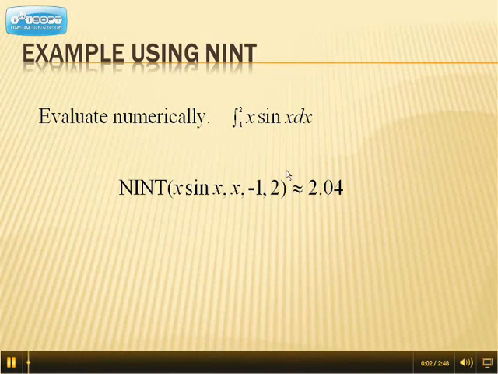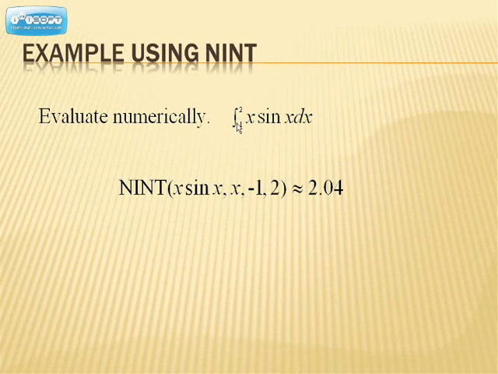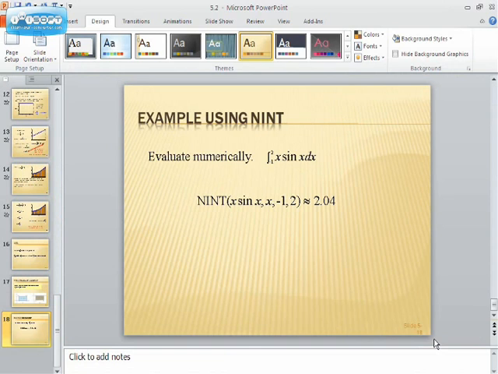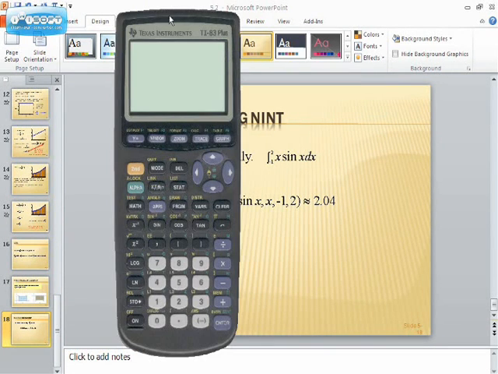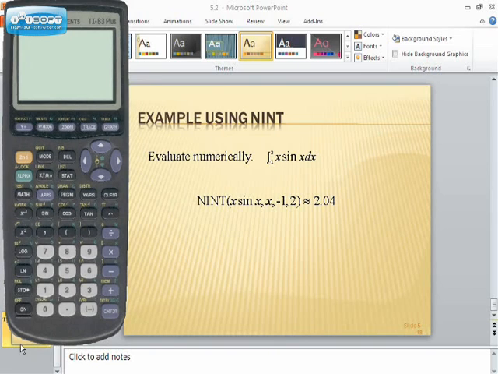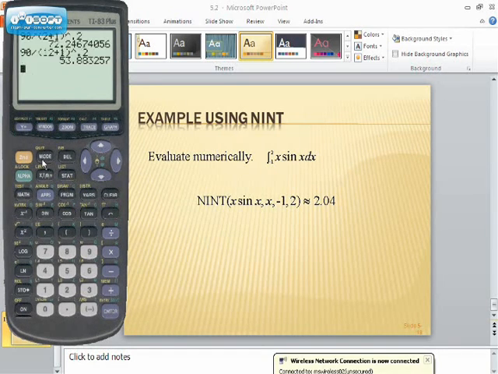On calculators. If I asked you to find the integral from -1 to 2 of x sine of x dx, your calculator has an integral feature. So I'm going to pull up our calculator here and go to our home screen.